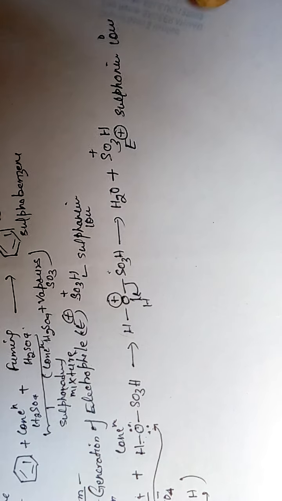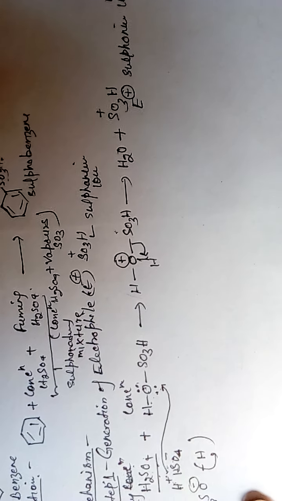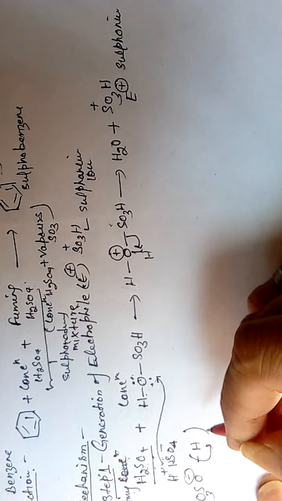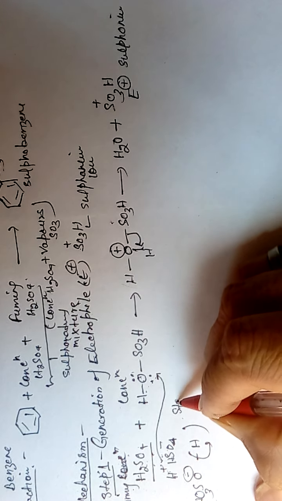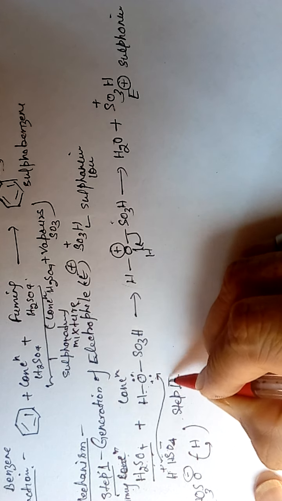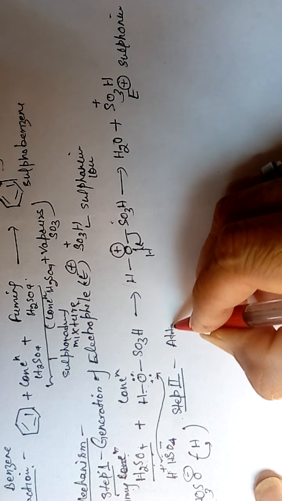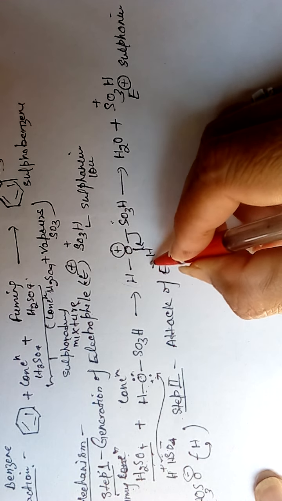When this sulfonium ion is formed, it attacks the benzene ring. How does it attack the benzene ring? Now we see step 2, the attack of the electrophile.